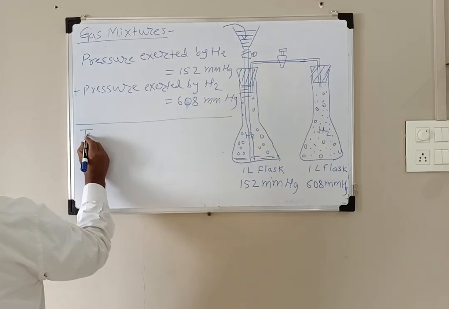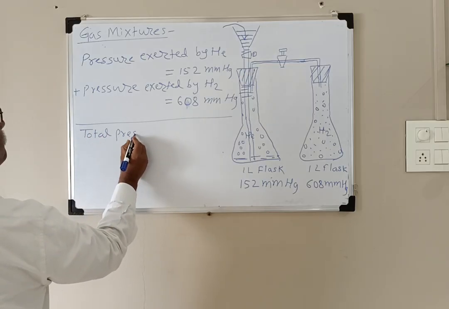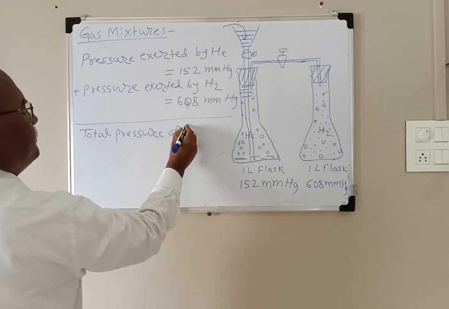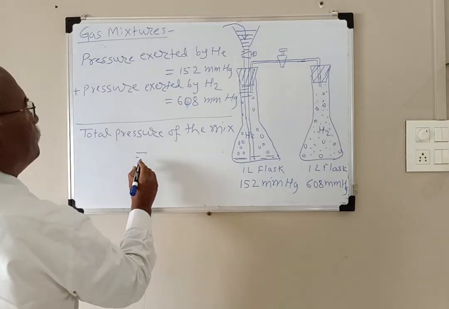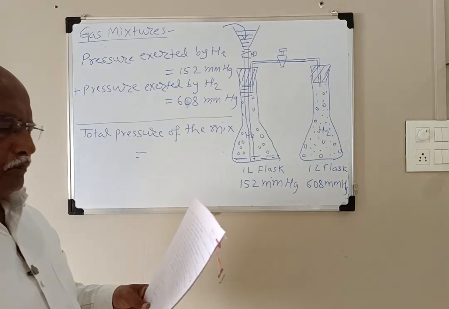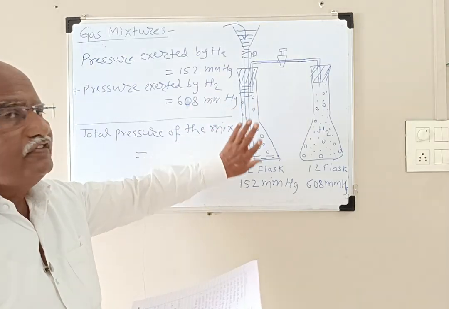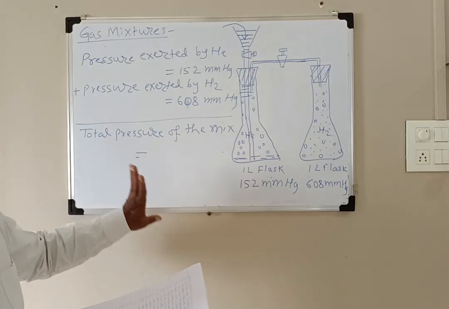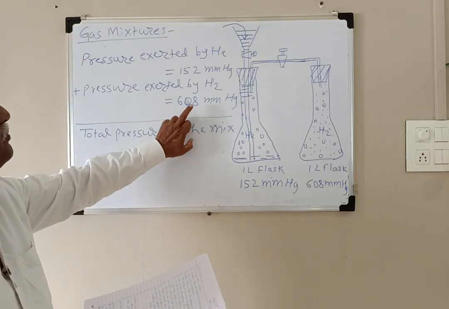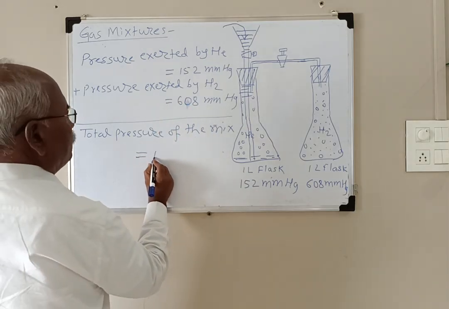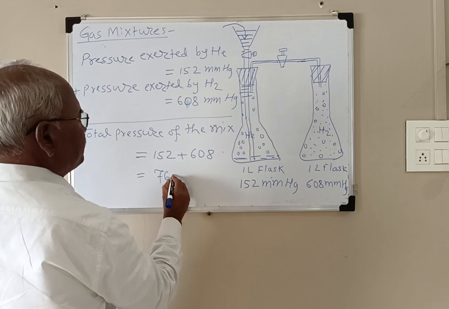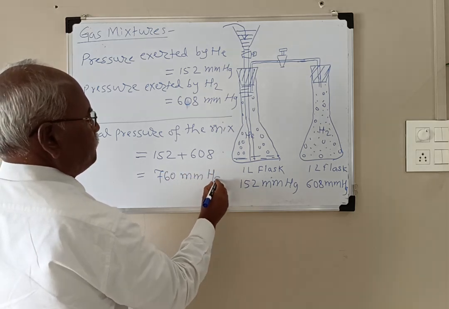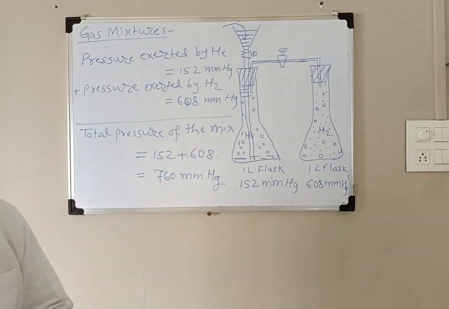The total pressure of the mixture, or of the gases in the mixture, is found to be 152 plus 608, that is equal to 760 mmHg. So it is Dalton's observation.